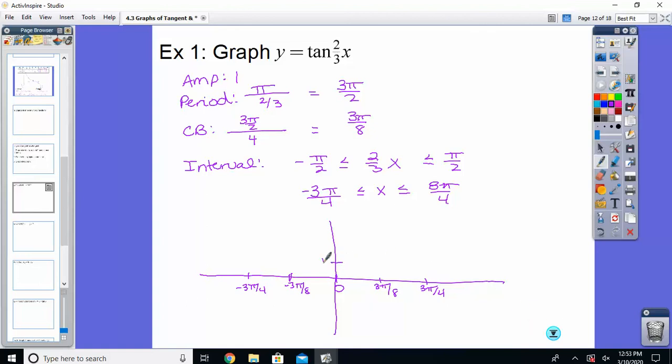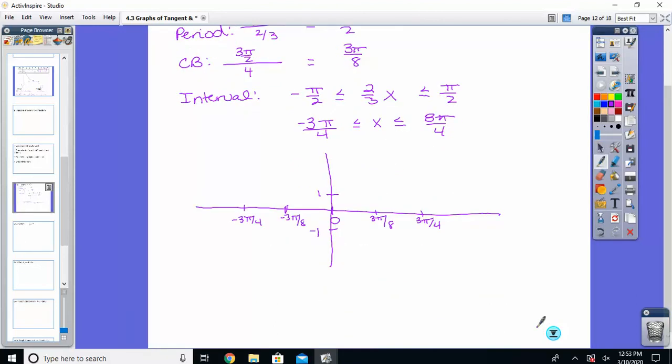My amplitude is 1, so I'm putting points at positive 1 and negative 1. The reason I picked this interval for tangent is because then we know that at the ends, both ends are going to be vertical asymptotes.